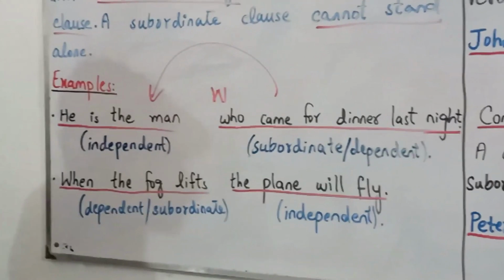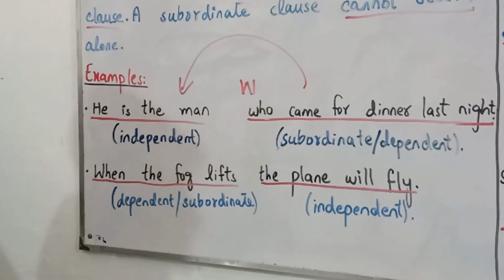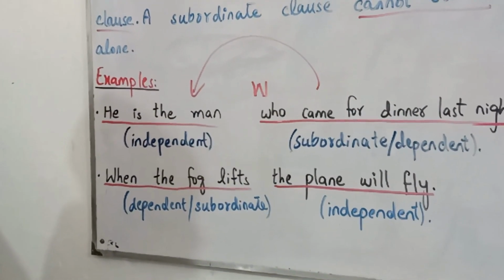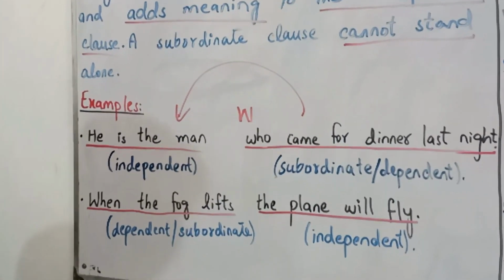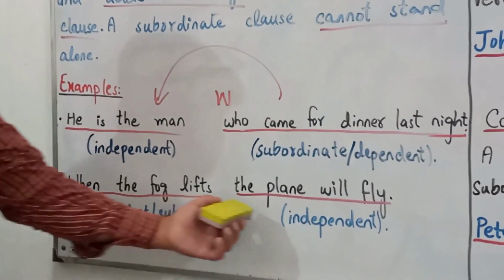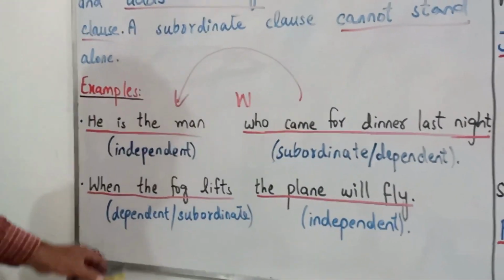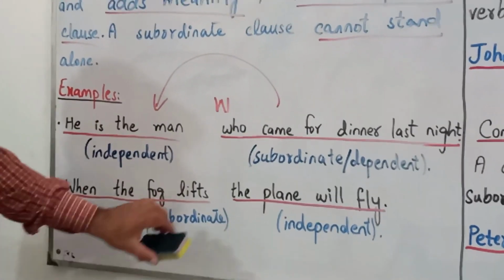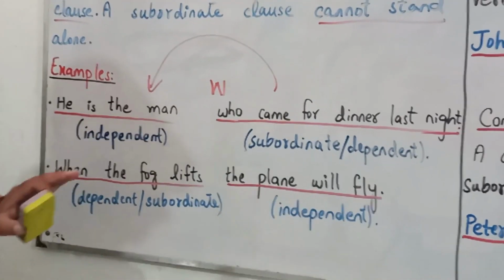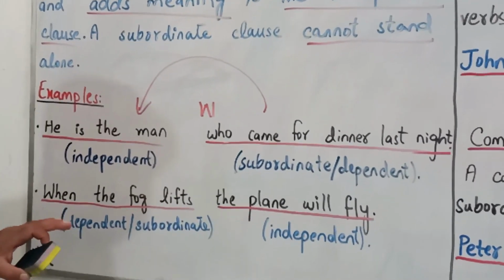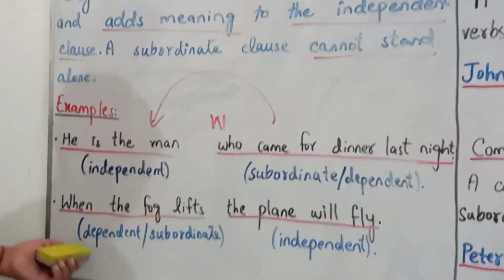When the fog lifts, the plane will fly. The subordinate or dependent clause may be in the beginning, maybe in the end. Both may come in the beginning and end. There is no issue with that.